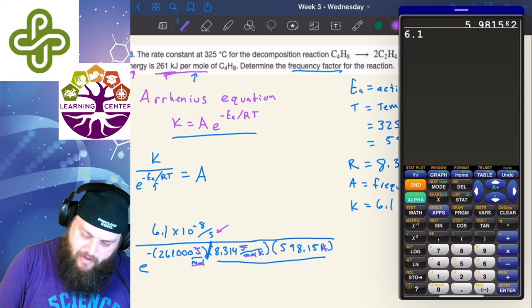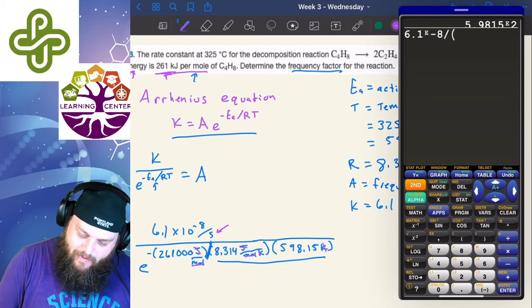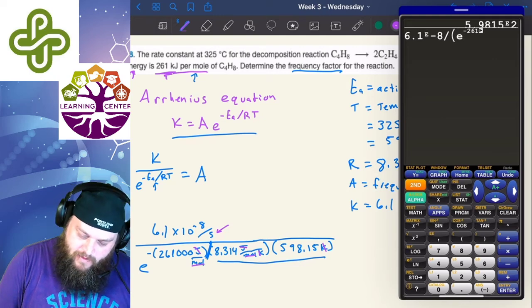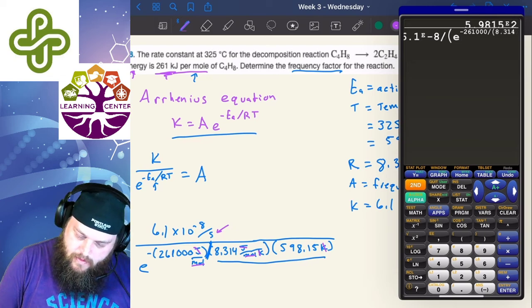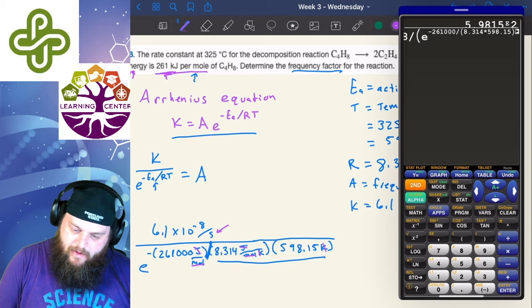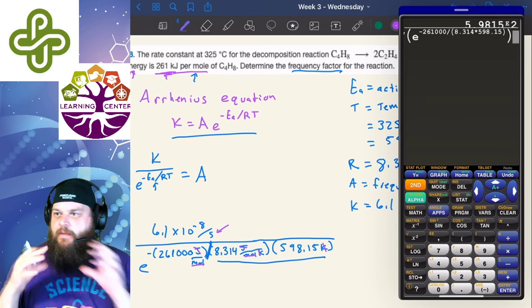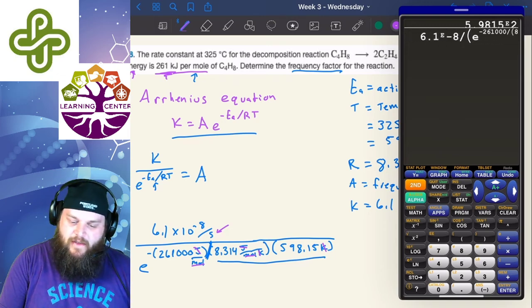Okay, 6.1 times 10 to the negative 8 divided by parenthesis, get my exponential in there, e to the x of negative 261,000 divided by parenthesis 8.314 times 598.15. Okay, that looks better. There we go. So I'm dividing by that whole exponential at the bottom, so I had to make sure I got that in there just right.